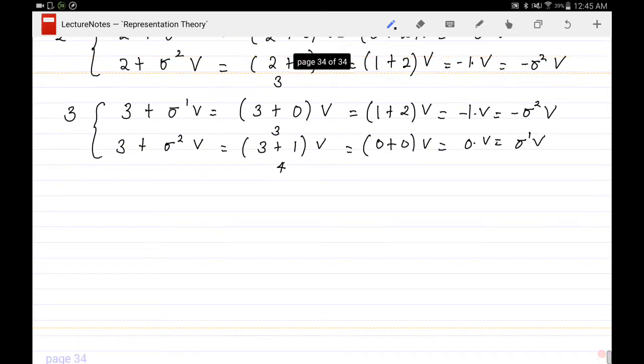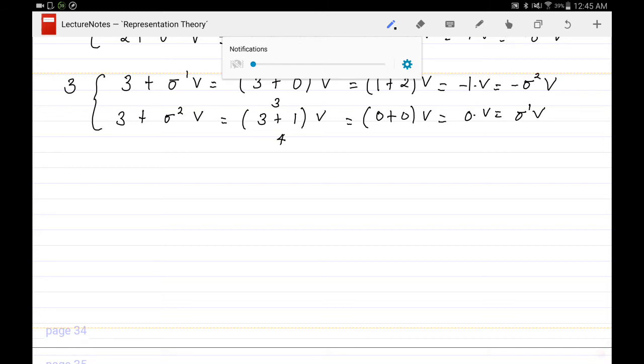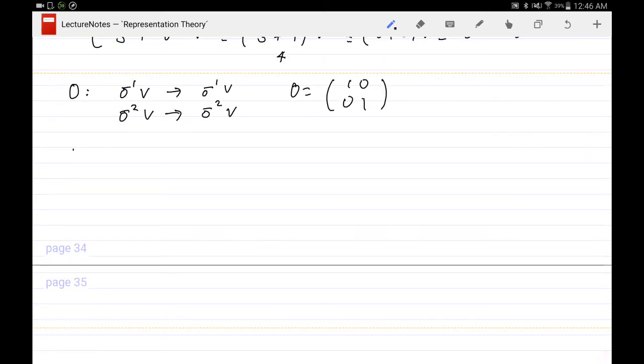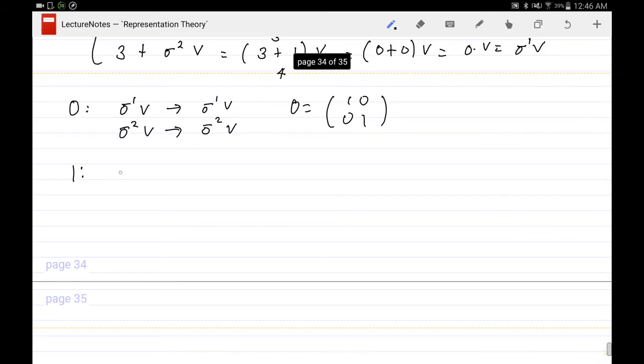So what does our representation look like? So 0, what it did was it took sigma 1 V to sigma 1 V, sigma 2 V to sigma 2 V, and so 0 is equal to 1, 0, identity. What did 1 do? Well, 1 took sigma 1 V to what?